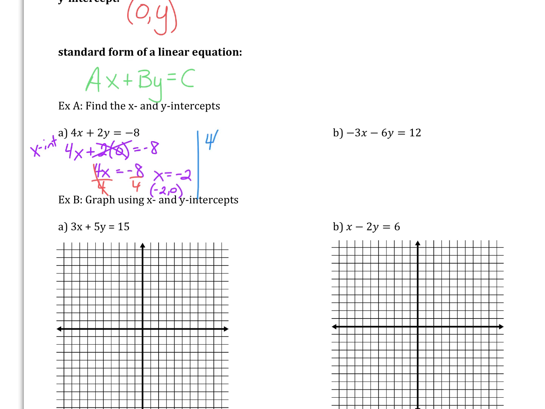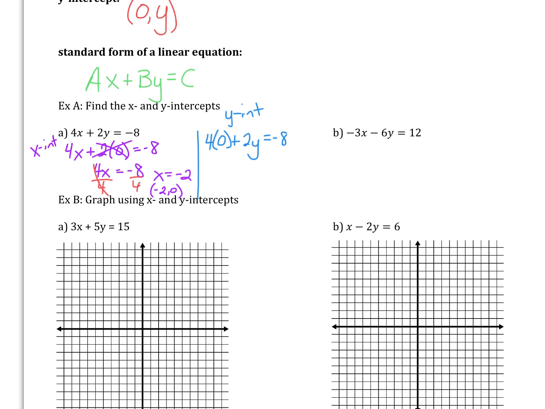So 4 times 0, 2y equals -8. This is for my y-intercept. So what happens? What am I going to get?